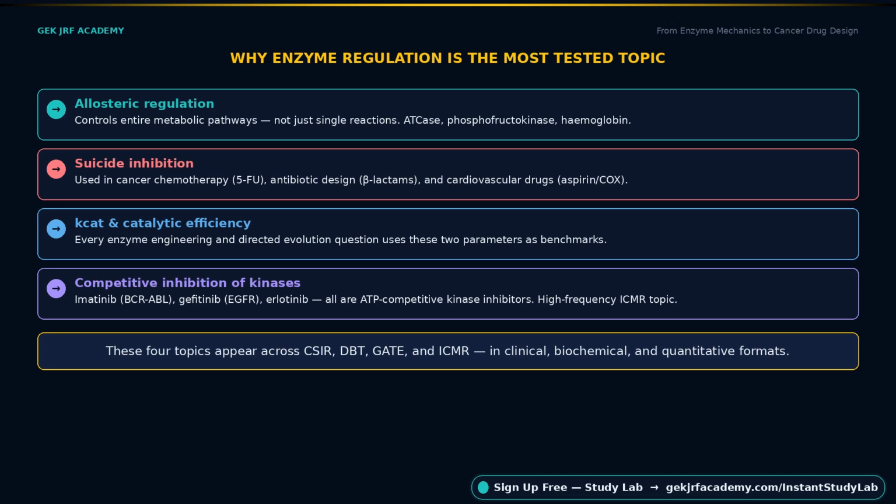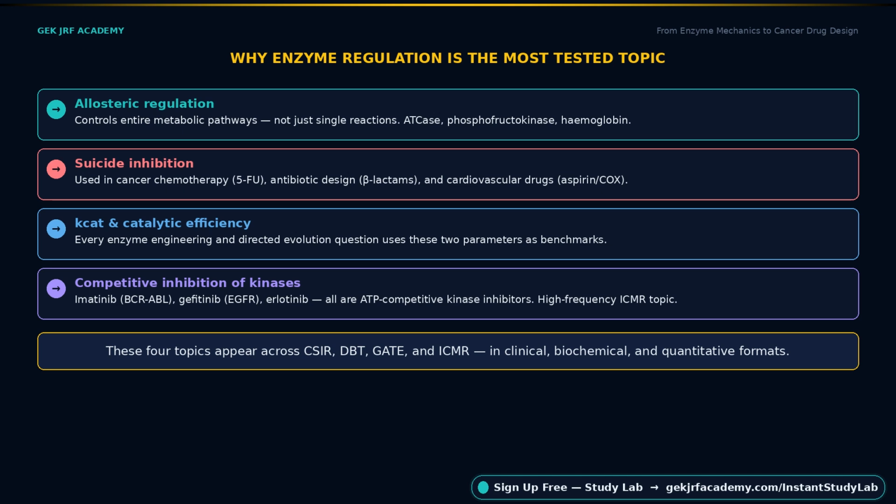A brief note on why enzyme regulation is the most tested topic across all 4 exams. Allosteric regulation appears in every life sciences entrance examination because it is the primary mechanism by which metabolic pathways are controlled in living cells.